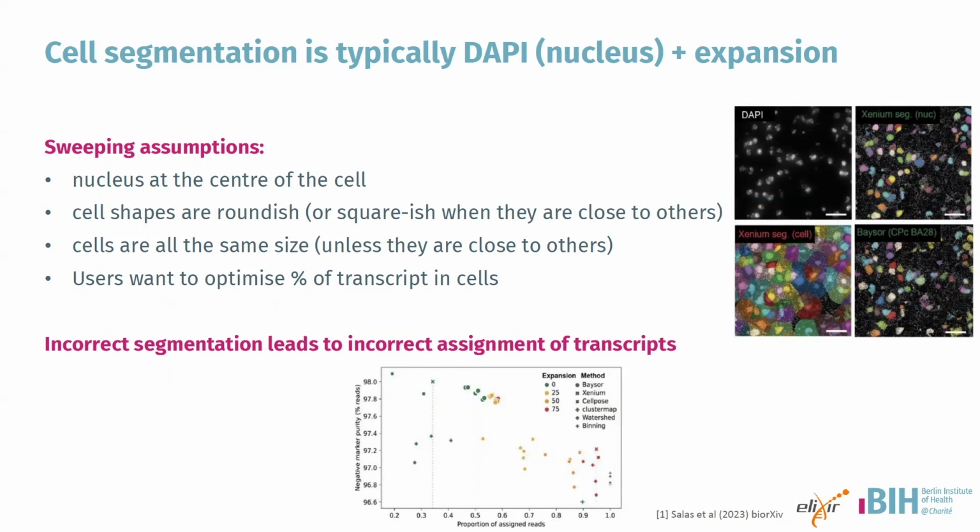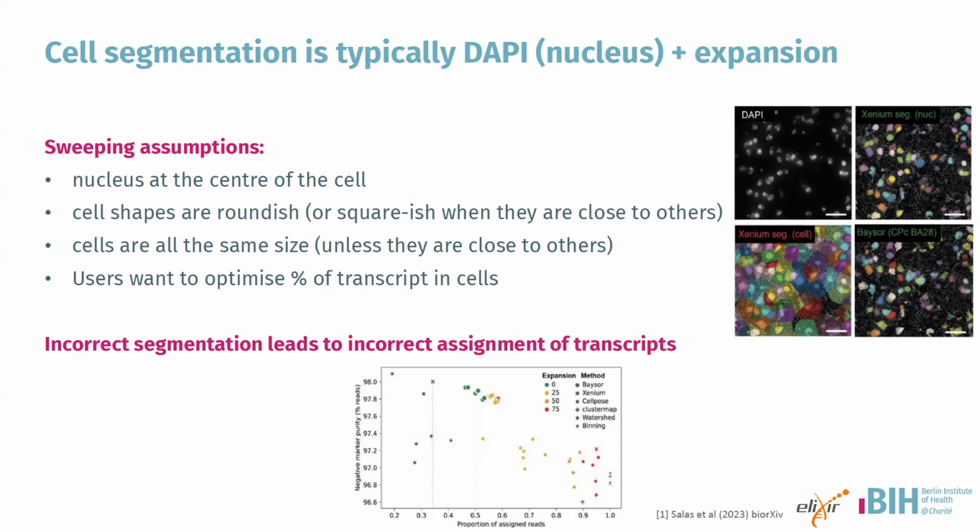It's really massive. And if you bump into another cell, then you just decide you have a perfectly straight line between them. So it has a lot of massive assumptions about where the nucleus is in relation to the cell, the shape of the cells, that cells are generally the same size unless they're close to each other, in which case they're constrained by their neighbors. And the general optimization parameter is we want to get as many transcripts inside cells. That's the metric we want to optimize.